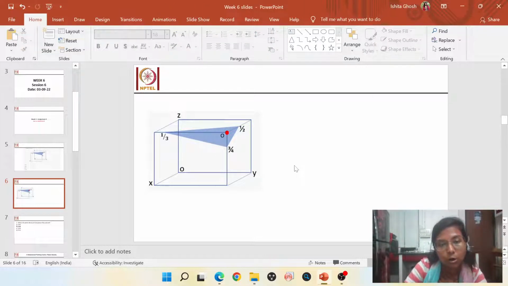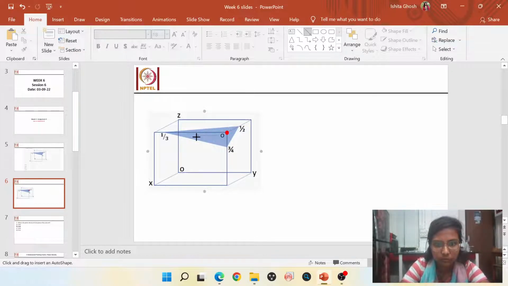One thing to remember is that although I have changed the origin, the directions of the x, y and z axes will not change. So from here, this direction is again my plus x, so the opposite direction will be my minus x. Similarly, if this is my plus y, then this direction will be minus y.